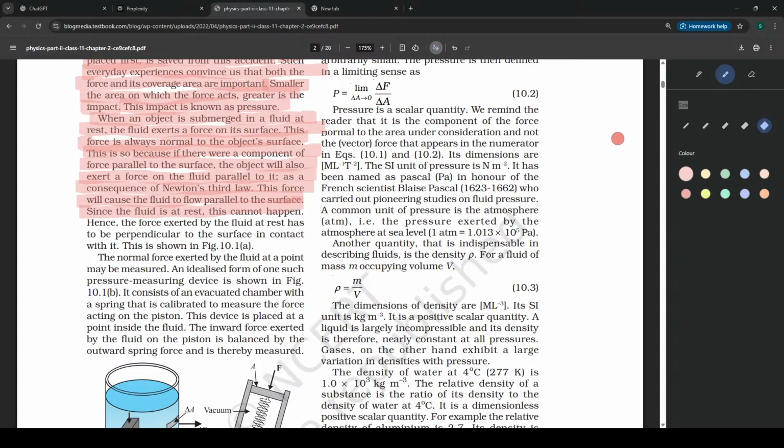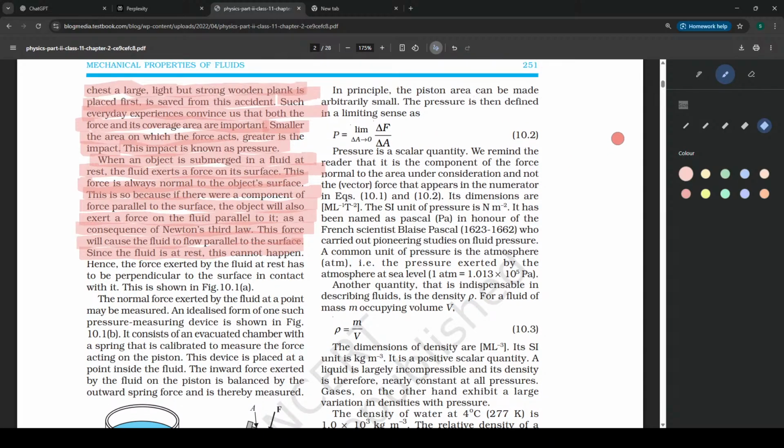Why we say that the force will always be normal to the surface of the object is because, let's assume there is a component which is parallel to the surface of the object. There's a pressure or force which is parallel to the surface.